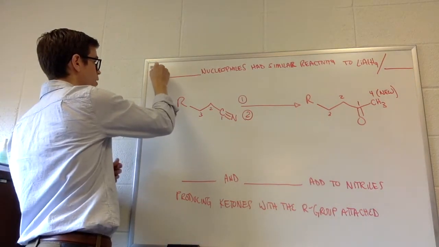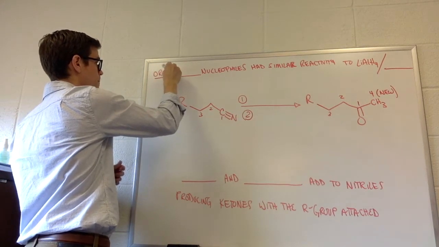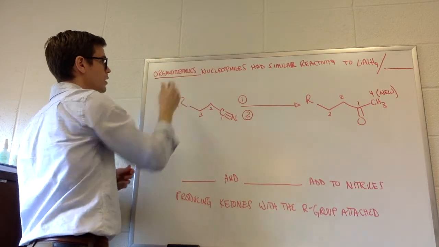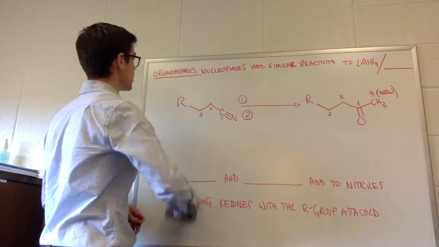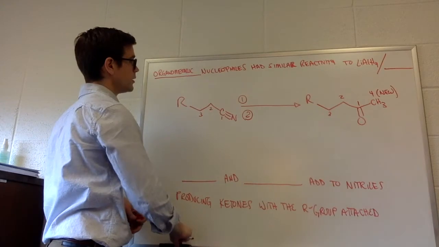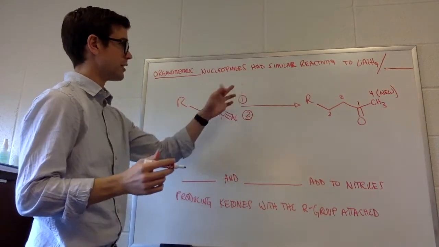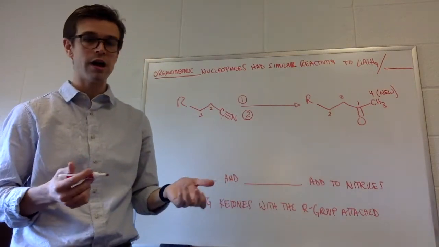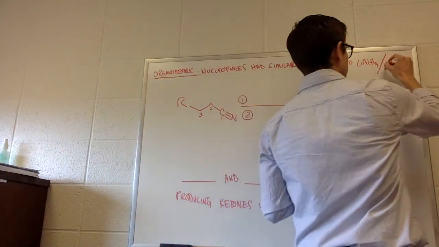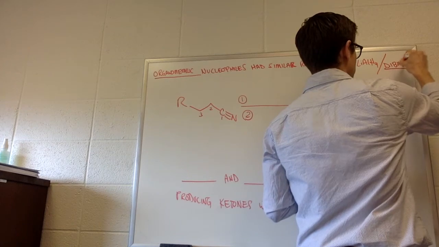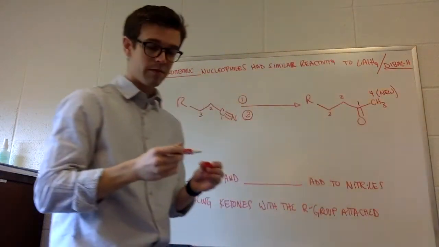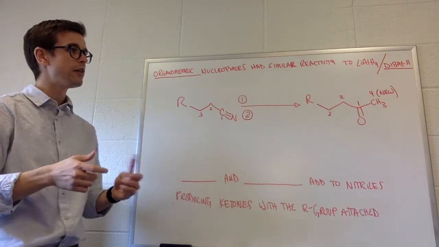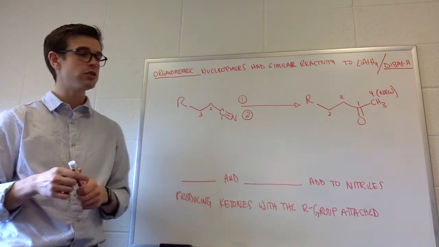It turns out that organometallic nucleophiles, and we saw this a lot last unit, have or had similar reactivity to lithium aluminum hydride, and we'll also say DIBAL-H here. In the last chapter they looked a little bit more like lithium aluminum hydride. Here they're going to look a little bit more like DIBAL-H.